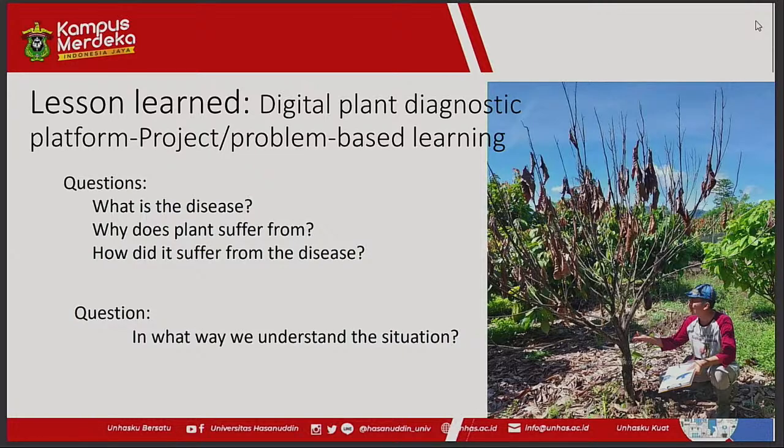Looking at the picture here, one problem on the tree is that everything is dry, and of course the tree is killed. Some of our colleagues here identify why and how this happens to the trees, and in what way we need to identify the situation. Next, please.